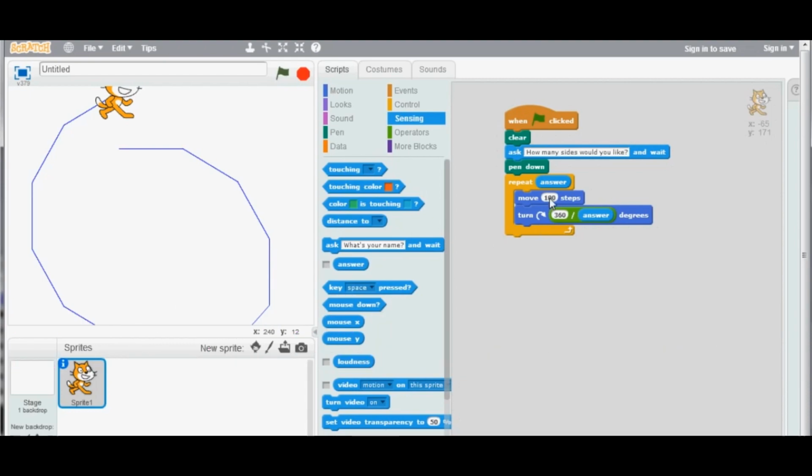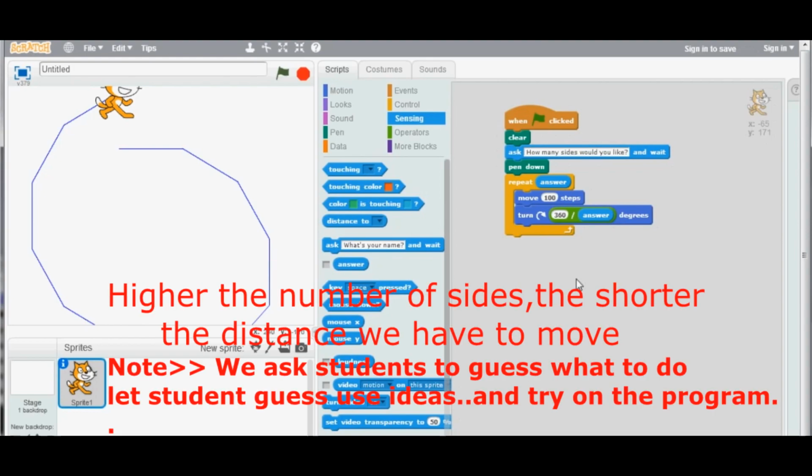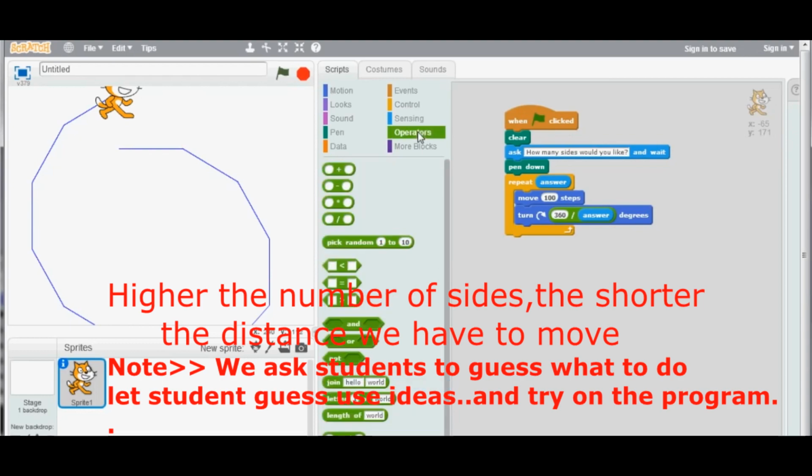So we could think about doing a calculation to make sure that the shape stays within the white area. Scaling things is a very useful technique in programming and in other areas of life as well. What we want is, the higher the number of sides, the shorter the distance we want to move.